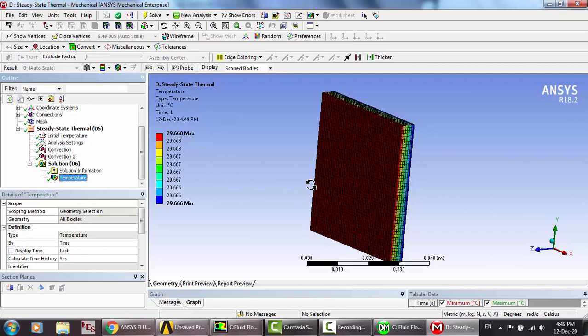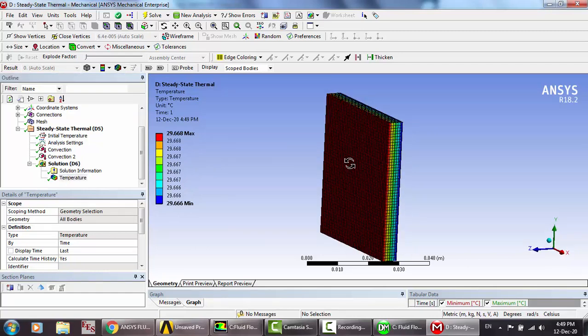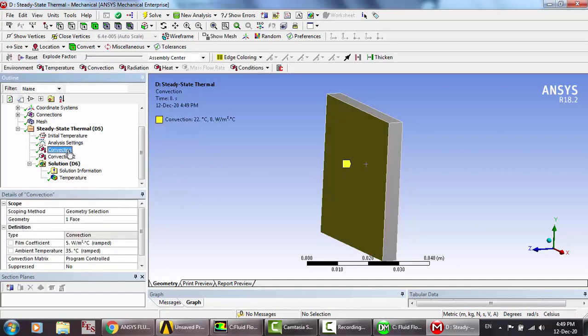Oh, it decreases. Okay, 666, 668. However, this is still higher. Okay, why? Because of the 35 Celsius, even if this 5 is lower than H. So this is pretty amazing.